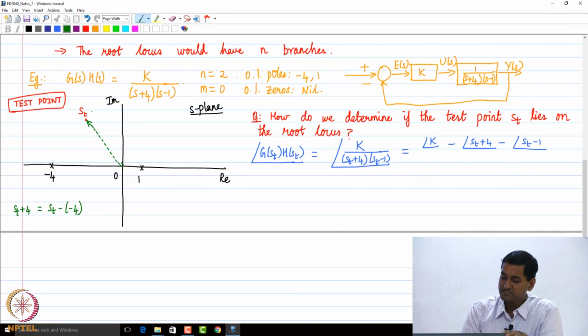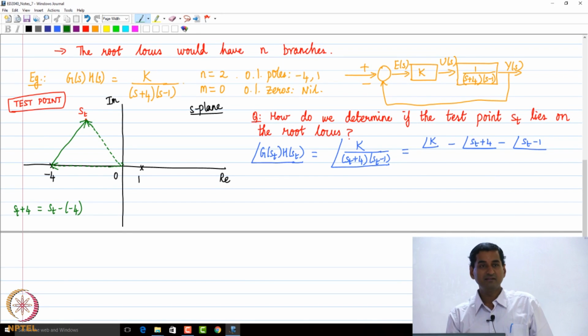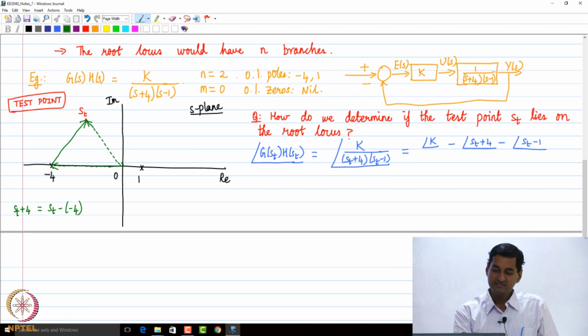So this is the vector st. What is the vector minus 4? The vector minus 4 is going to be from the origin to minus 4. So what is going to be st minus of minus 4? It is going to be a vector which starts from minus 4 and goes towards st. Okay, that is the vector st minus of minus 4.